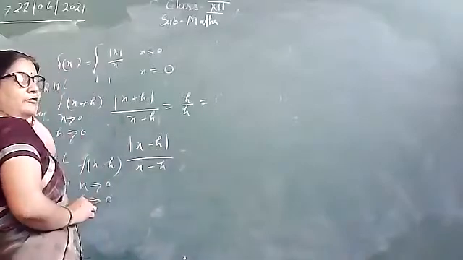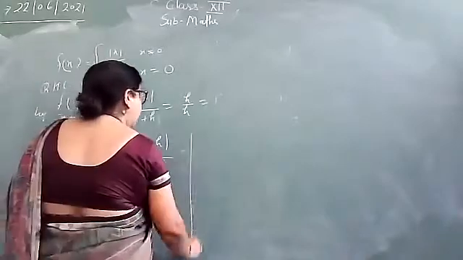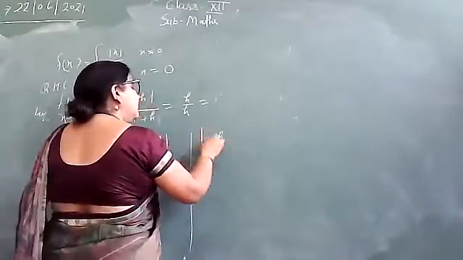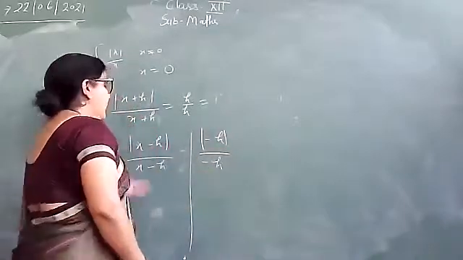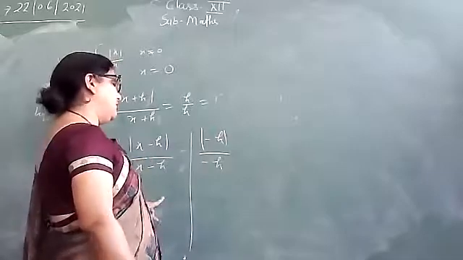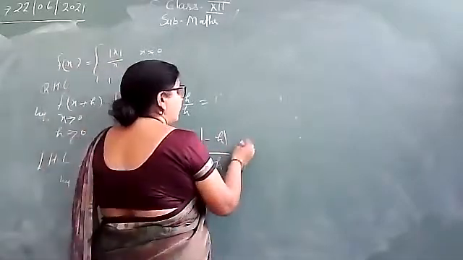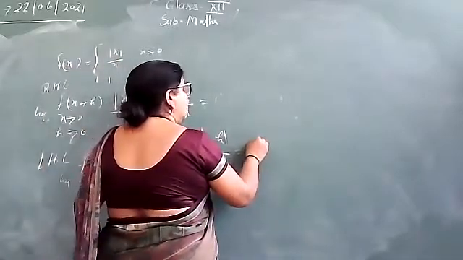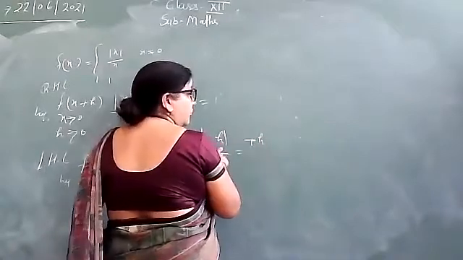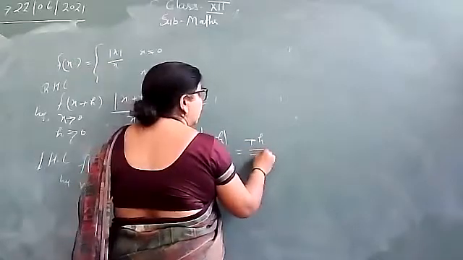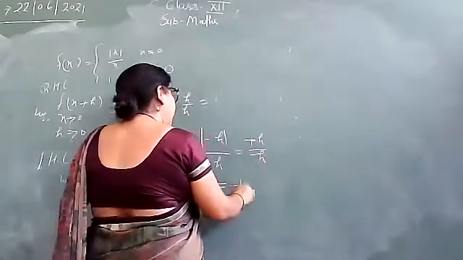We put x tends to 0, so we get minus h upon h. Now solve. Minus h gets plus h. Why? Because it is a mod and here is a minus h. So the final answer is minus.